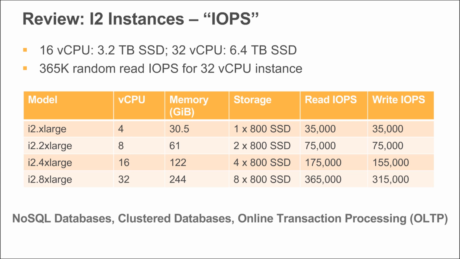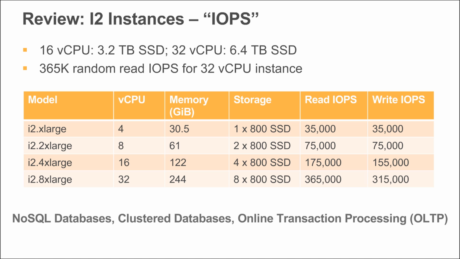Now, if you're looking for a high number of IOPS for random reads and writes, you'll probably want to start looking at the I2 instances. The I2 instances have very fast SSDs, and along with them, 32 virtual CPUs and 244 gigabytes of RAM. They're really great for transactional workloads like databases that require a significant amount of random I/O, and online transaction processing systems.